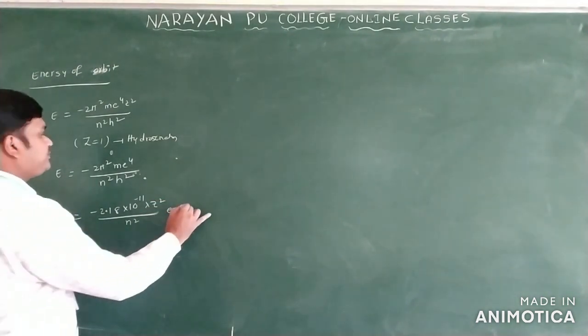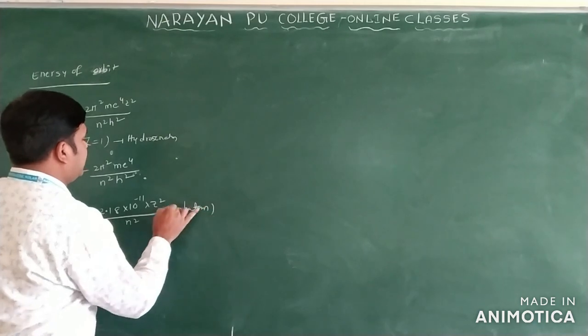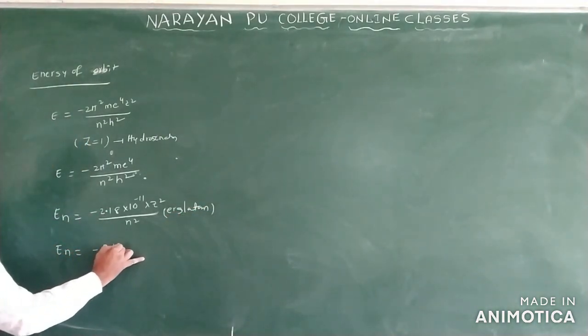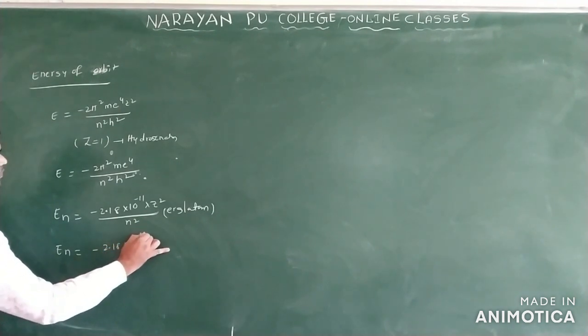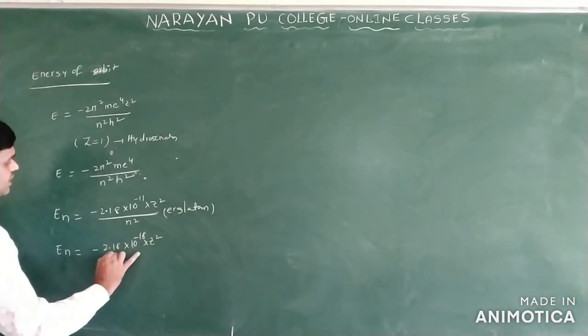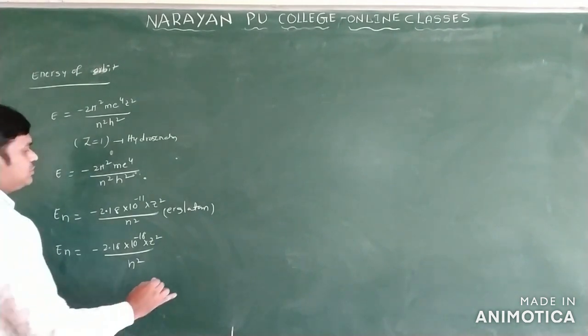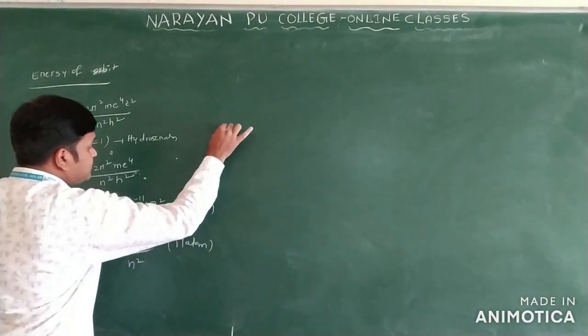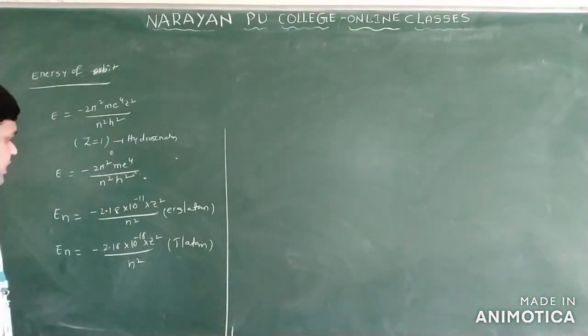Now one more value, En is equal to minus 2.18 into 10 power minus 18 z square by n square, joule per atom.